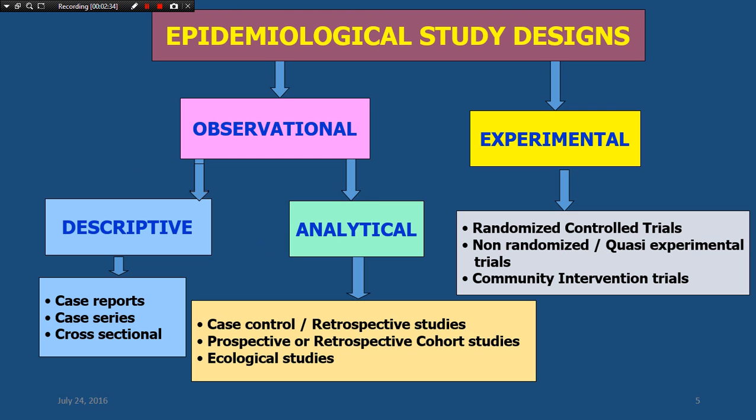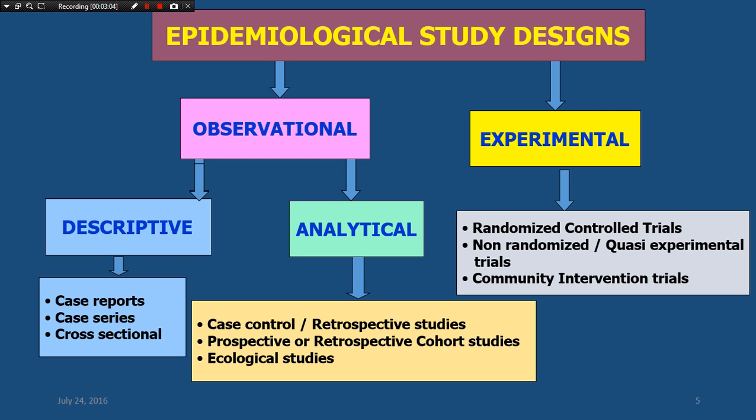Epidemiological study designs can be broadly classified into two major classifications: observational study or experimental study. Observational study can be of two types: descriptive study or analytical study. Descriptive study can be case reports, case series analysis, or cross-sectional study.